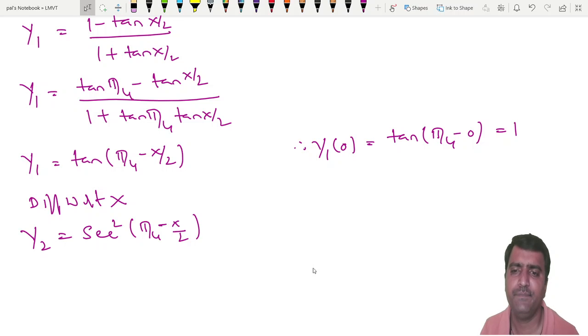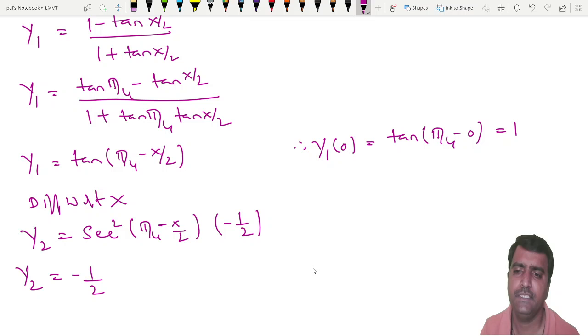Again differentiation of pi by 4 minus x by 2 is, pi by 4 is a constant, its differentiation is 0. Differentiation of minus x by 2 is minus 1 by 2. So now y2 can be written as minus 1 by 2 into secant square pi by 4 minus x by 2.